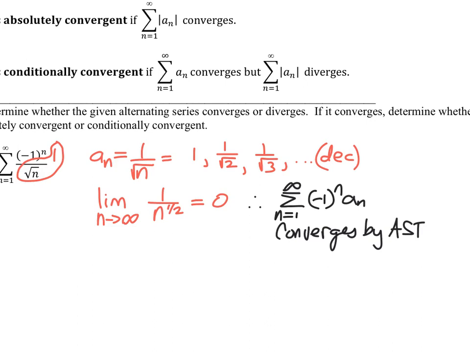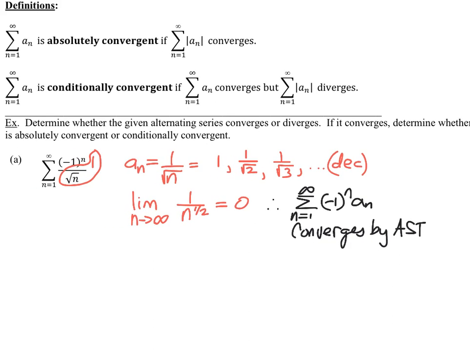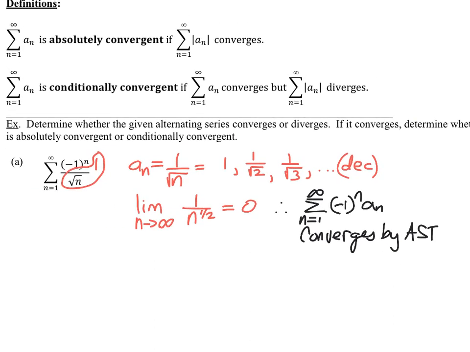But now what I want to do is establish whether it's absolutely convergent or conditionally convergent. And all that amounts to, and it's usually a fairly easy process, because what I'm going to do is find the sum of the series without the negative 1 to the nth power there.